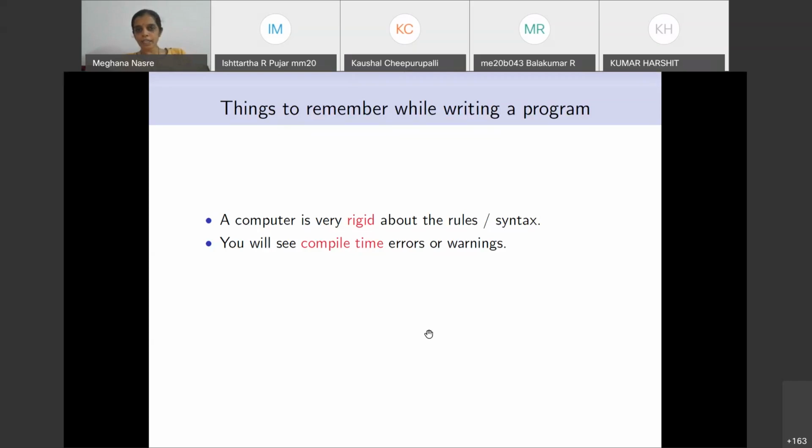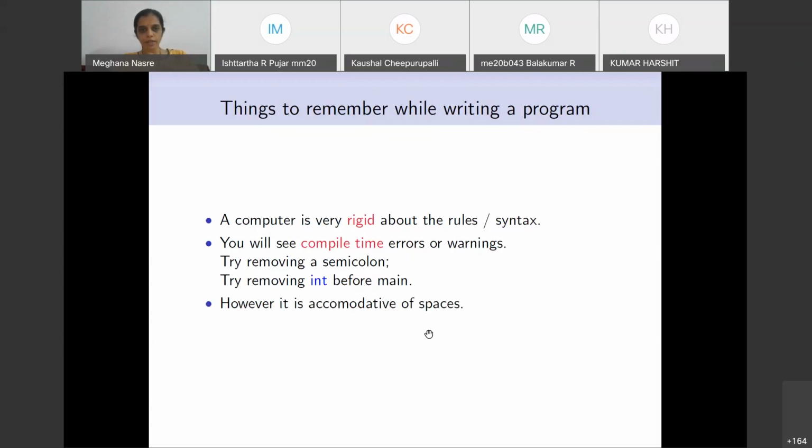You cannot mess around with it. You cannot say, okay, I just forgot a semicolon, just take care of it. It will not allow you to do that. So you will invariably see compile time errors or warnings. We'll try that: we'll remove a semicolon, we'll remove int before the main, and so on.